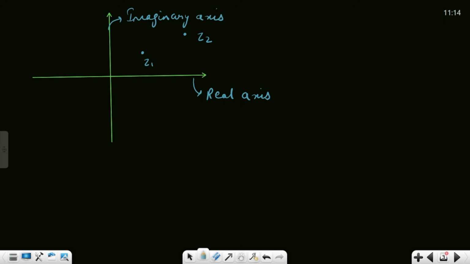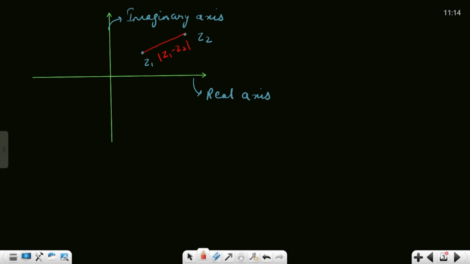Now if I want to find the distance between z1 and z2, what will it be? You just subtract z1 minus z2 and then take the modulus.